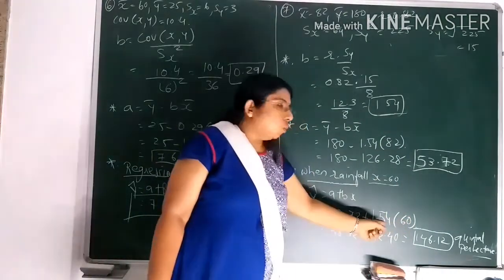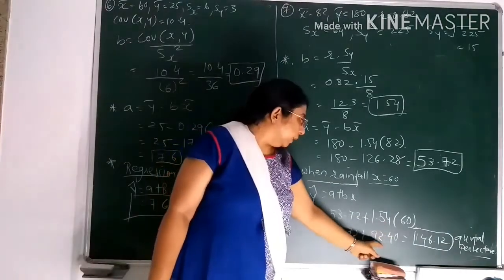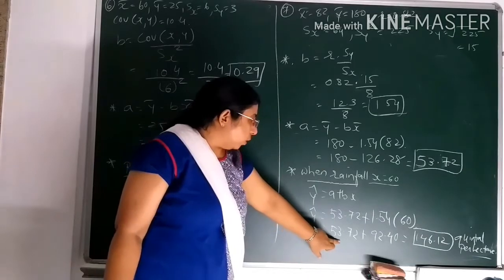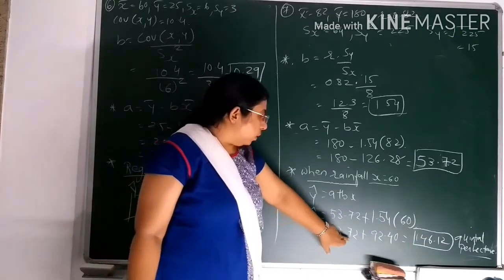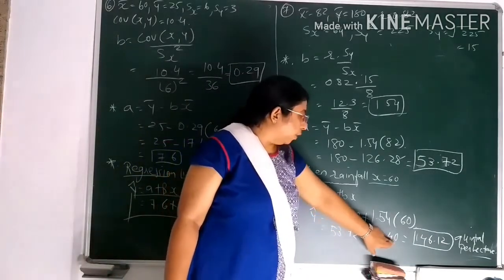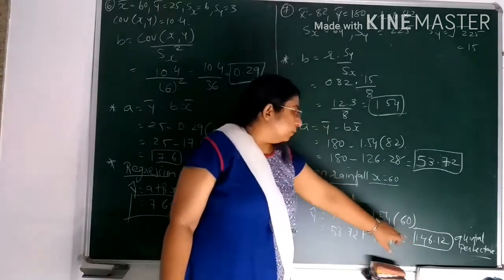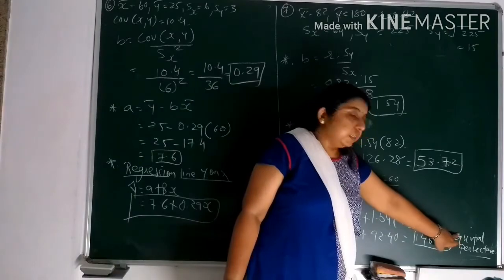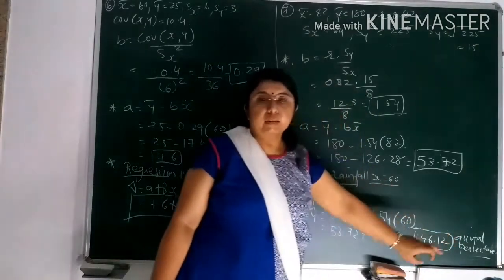So 60 into 1.54 would come to 92.40. Adding that value with 53.72, so 53.72 plus 92.40, the final answer would come to 146.12.